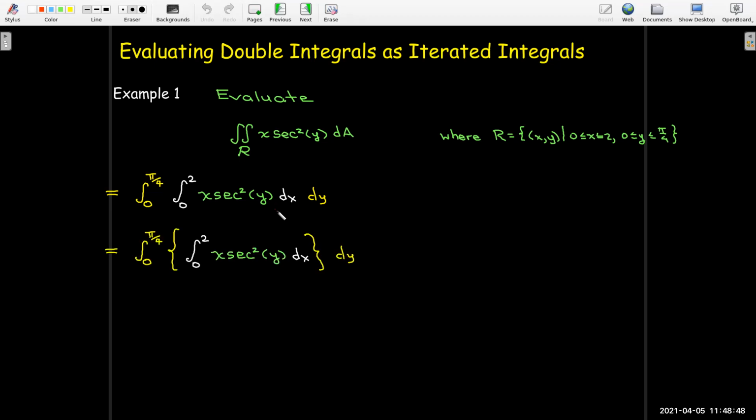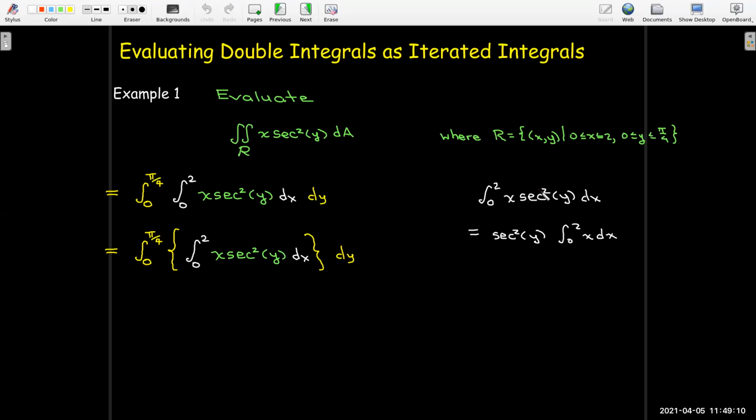Normally we don't do all this writing, but since this is our first example, let's actually pull that inner integral out. Since y is being treated as a constant, then secant squared of y is also a constant. We can pull that out in front.